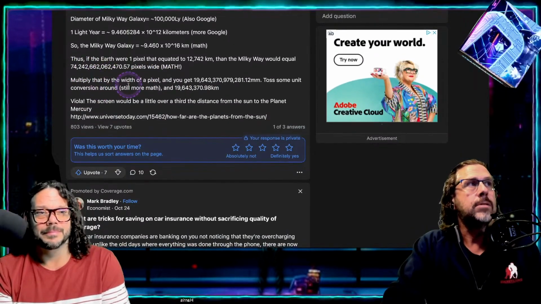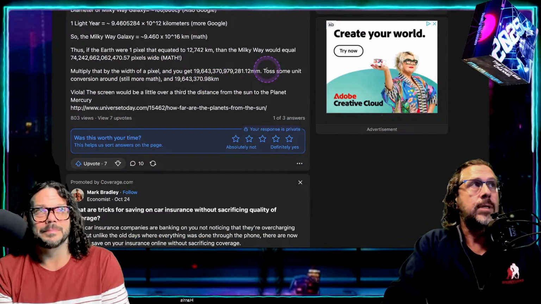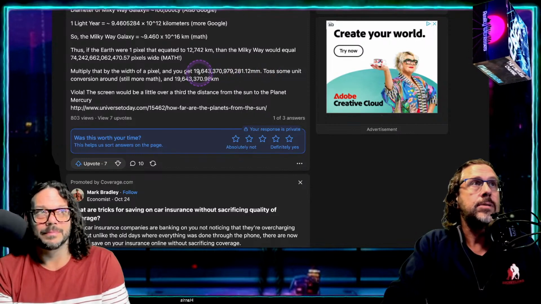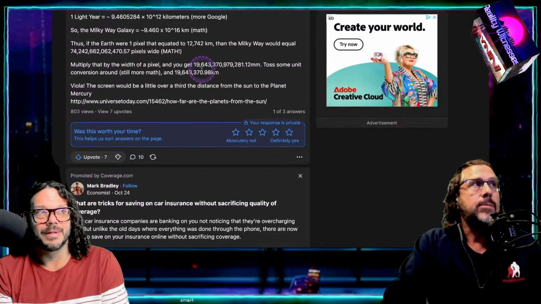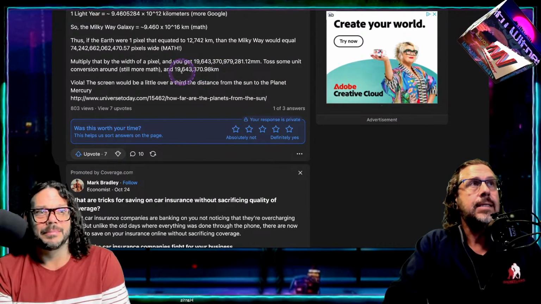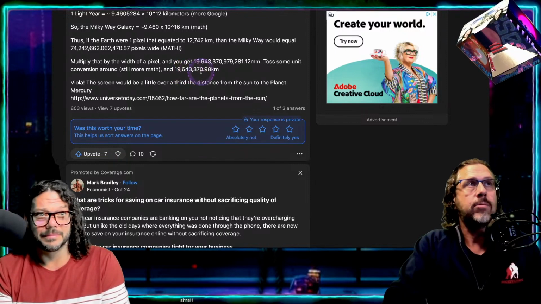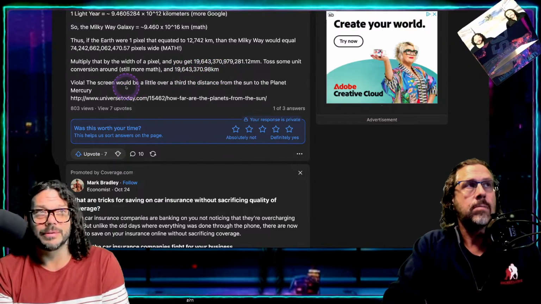And so multiply that by the width of a pixel, and you get this number, which is like 19 trillion. So toss in some unit conversions, and that turns out to be 19,643,000 kilometers. Wow.